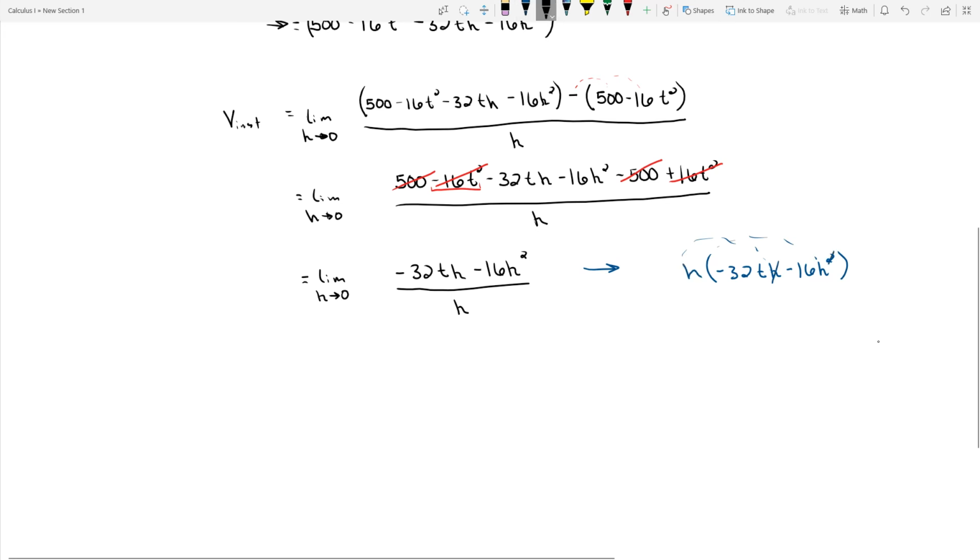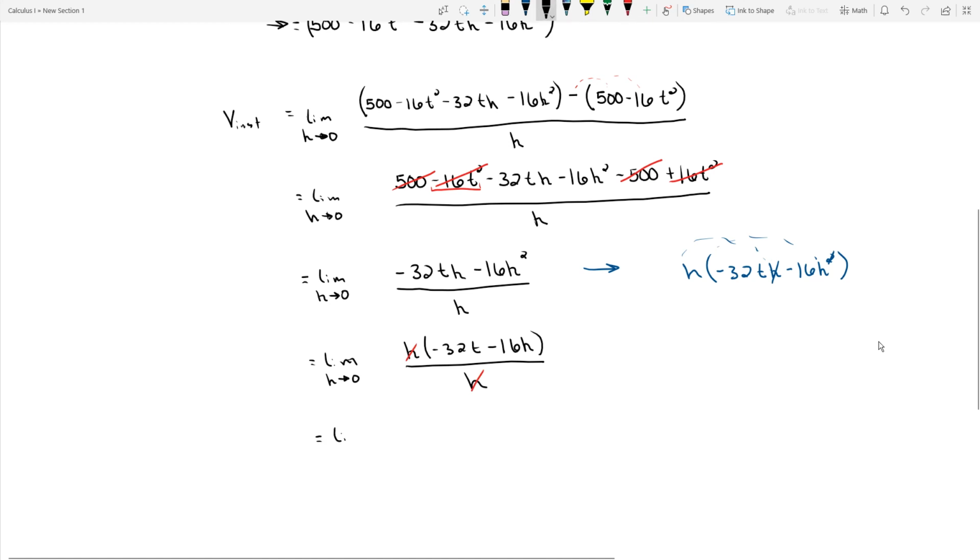So we will end up with the limit as h still approaches 0, because we have not replaced h with 0 yet. We bring that down, and we have h multiplied by negative 32t minus 16h, over h. We'll reduce this.